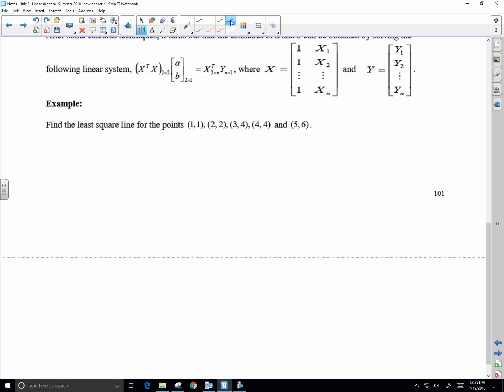So I'll start with x. These are my x values, 1, 2, 3, 4, 5, because I'm very creative.